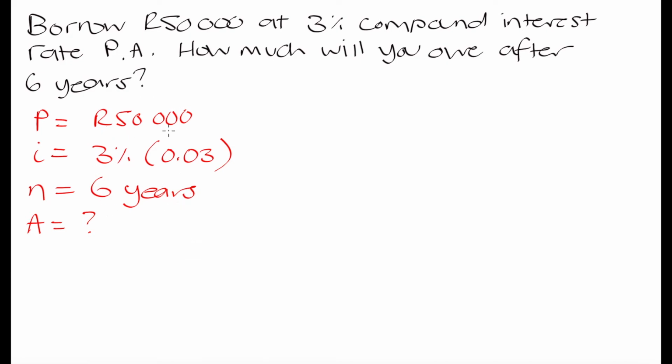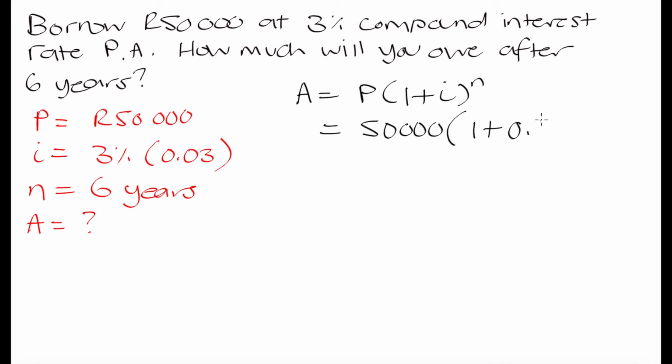So now we can plug these values into our compound interest formula, which was that A is equal to P times 1 plus i to the power of n. So our P was 50,000 Rand, our i was 0.03 and our n was 6 years. So this is going to be the same as 50,000 multiplied by 1.03 to the power of 6.